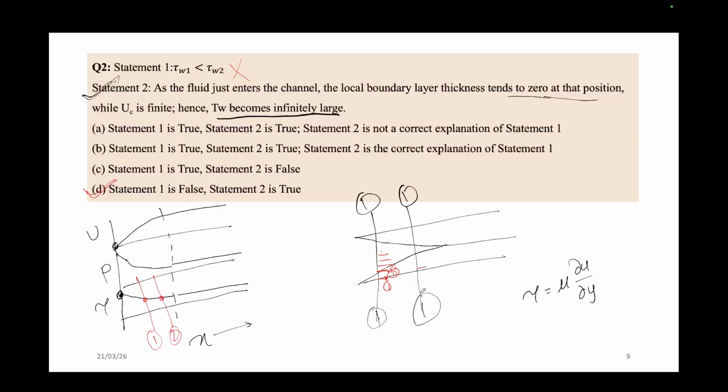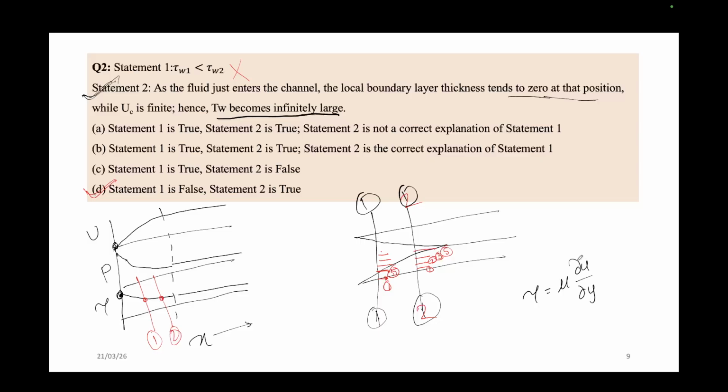But here at the point this is 2. Sorry. If it is 1, 2, 3. Here it is getting, if it is 5, then the gradient is less. So if the thermal boundary layer grows, the gradient will be less.